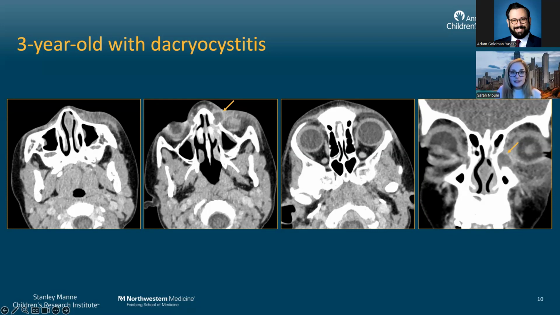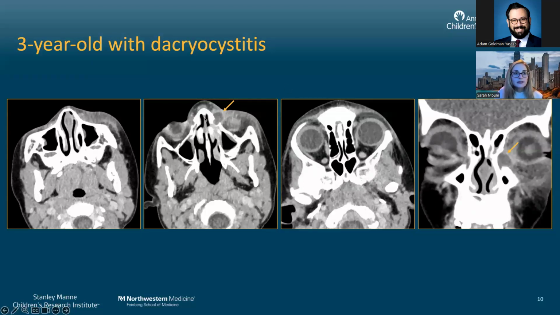On the post-contrast CT exam that we did for this patient when they presented through the ED, we can see enlargement of the left lacrimal sac, which demonstrates peripheral enhancement. And there's also the surrounding soft tissue inflammation and edema consistent with preseptal cellulitis. This patient was admitted for IV antibiotics, and they're scheduled with ophtho to see what further management is needed.